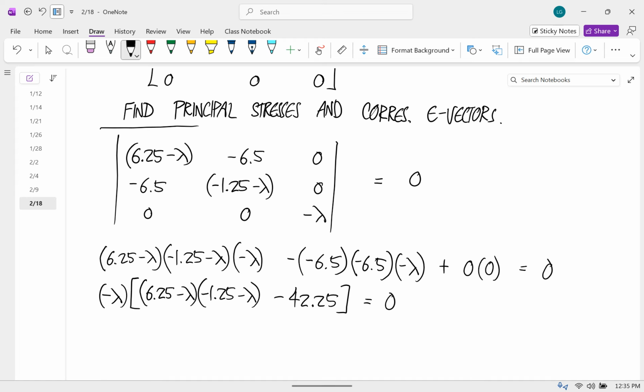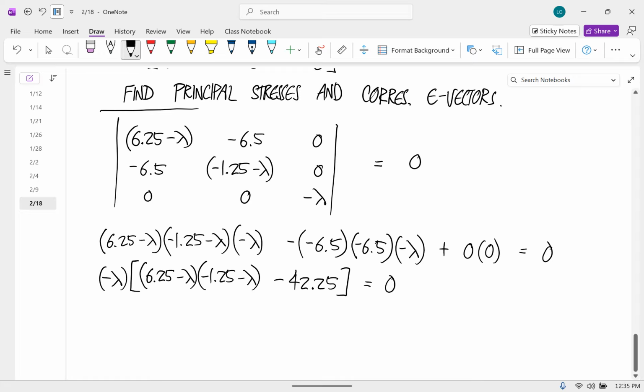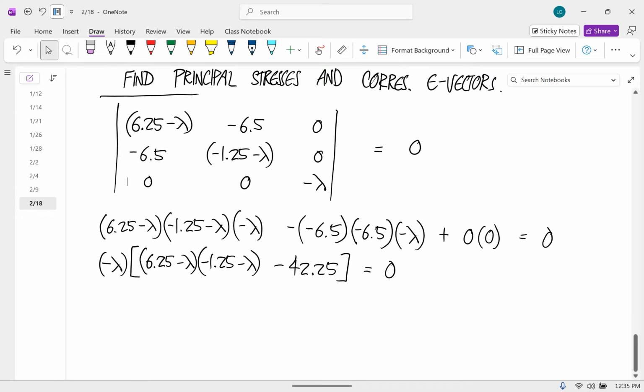So one of the values would be just lambda equal to 0. Exactly. So that's what we needed to turn this into a quadratic equation.